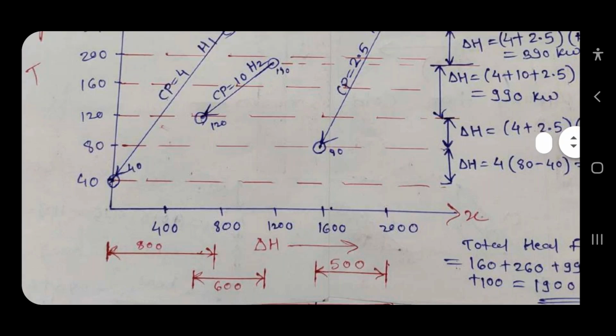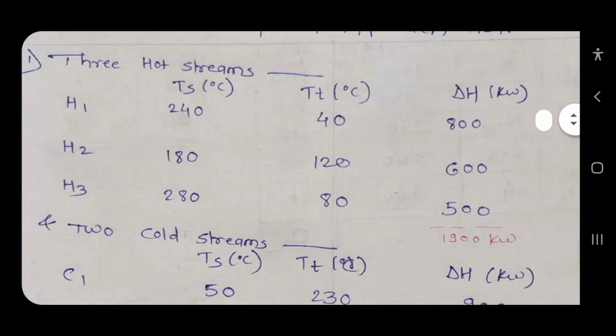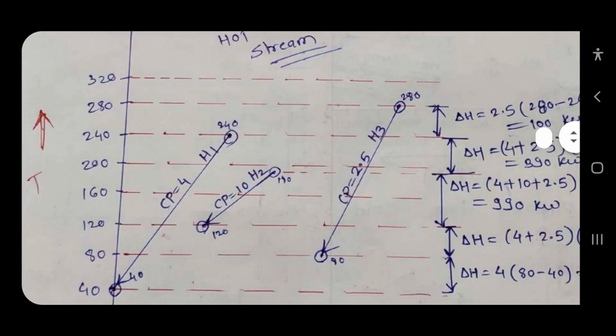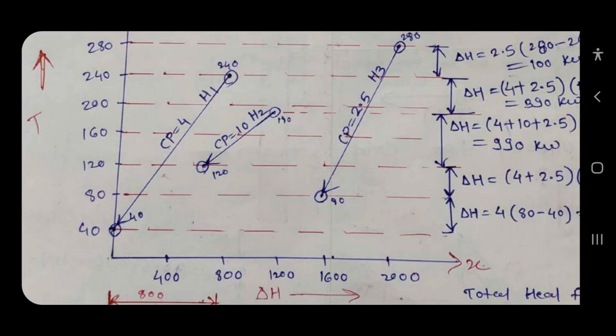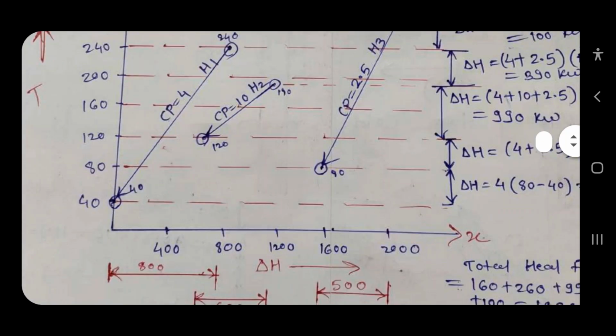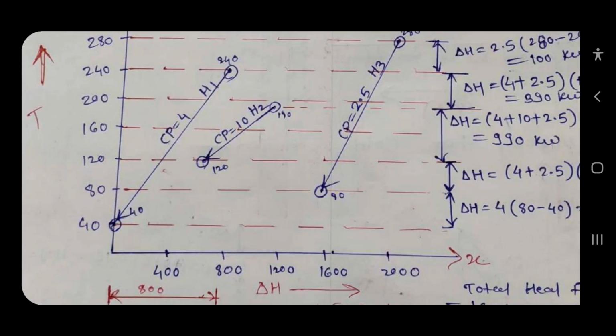So 180 to 120 is 1200 to 600, and 1200 minus 600 gives 600. Plot like that: you can take the point for 600 delta H and 120, which is the target temperature.